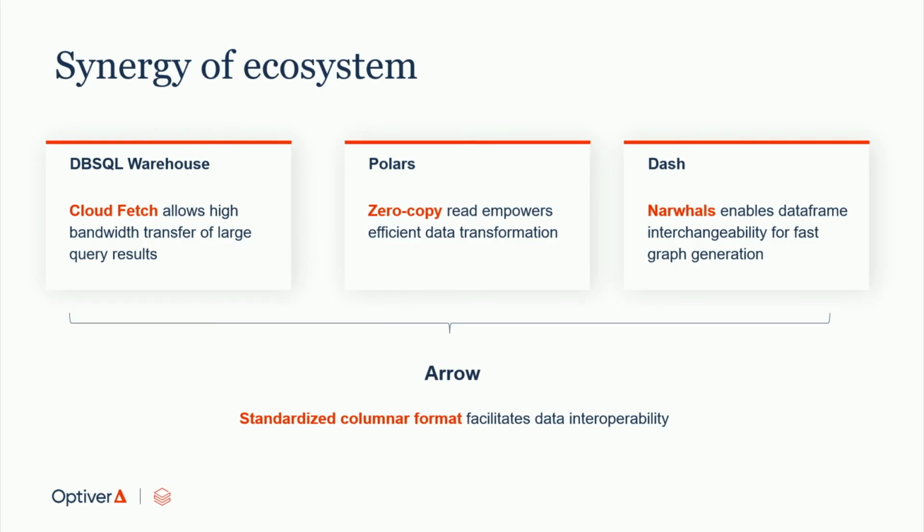Now, thanks to this recent improvement, tools like Dash no longer strictly rely on pandas. This means that we can plug in Polars instead for faster transformation performance and lower memory usage. And tying this all together is Apache Arrow. It's a standardized columnar format that makes these components interoperable by design.